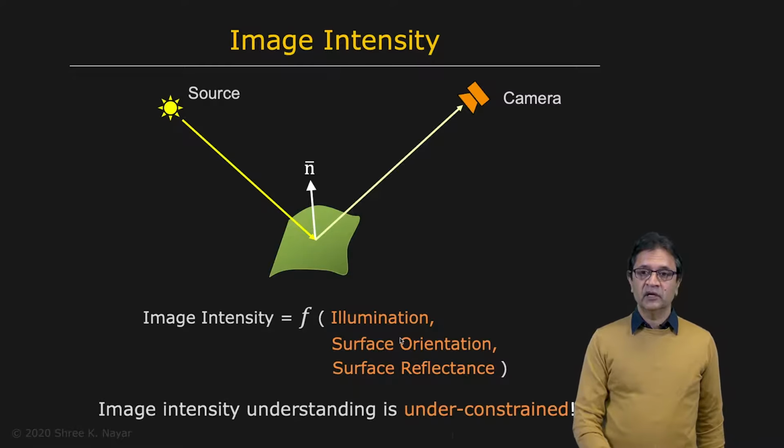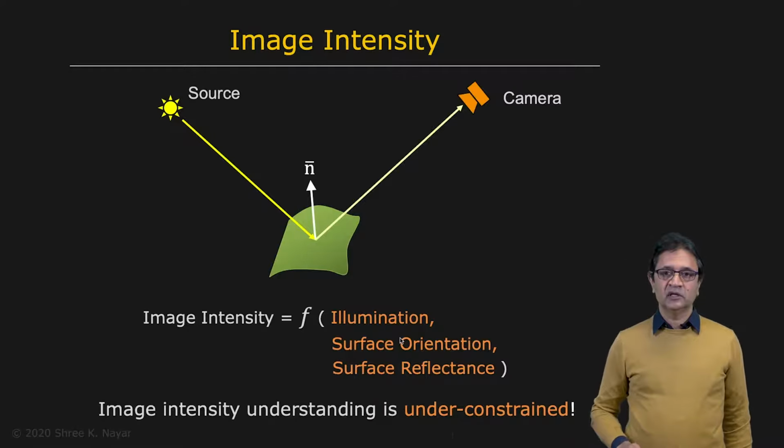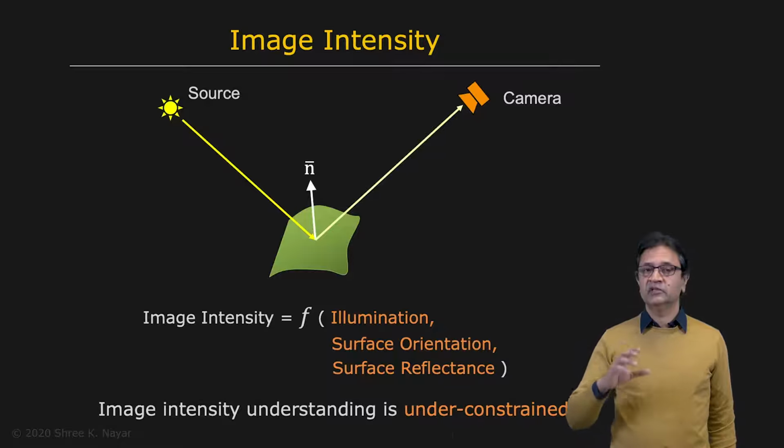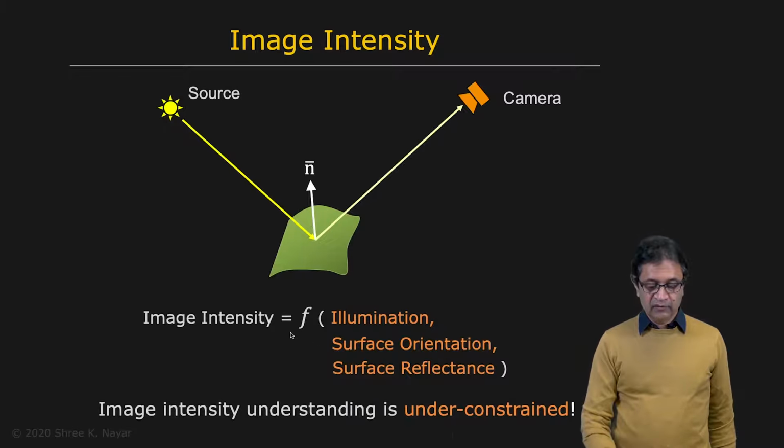And therefore we can say that image intensity understanding is a severely under-constrained problem. But it turns out that under certain settings and with certain assumptions, we can actually say quite a bit about the corresponding point in the scene from even a single intensity value.